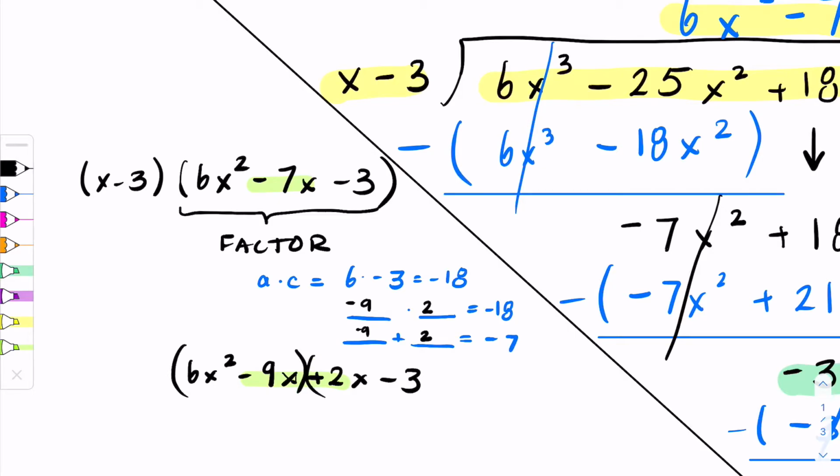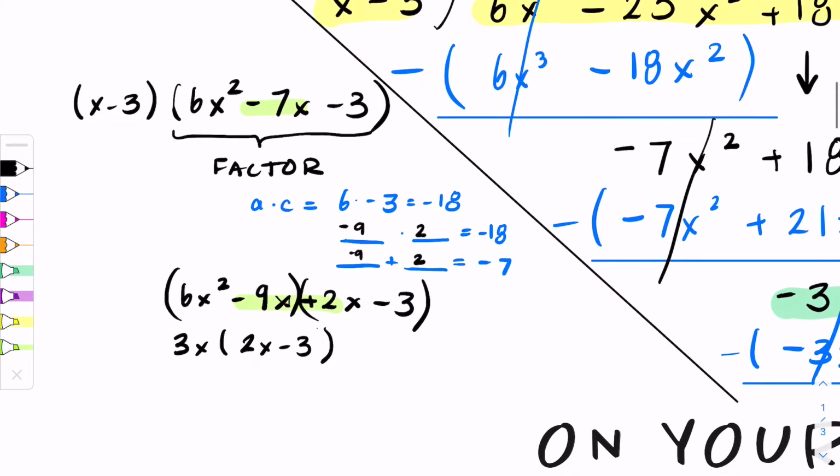Group the first two, group the second two. GCF of the first group is 3x. Left over is 2x minus 3. GCF of the second group is positive 1. Left over is 2x minus 3.